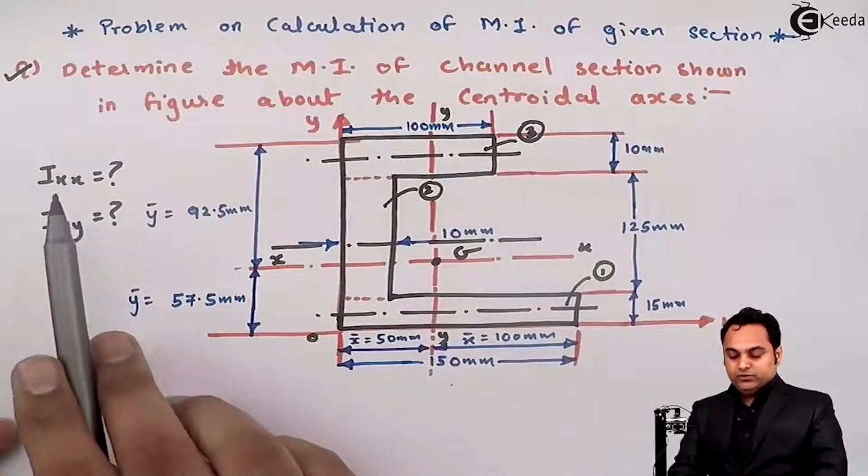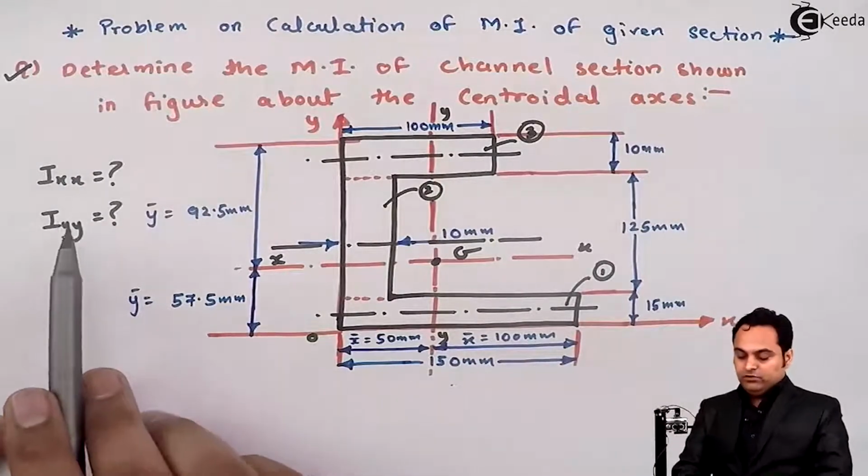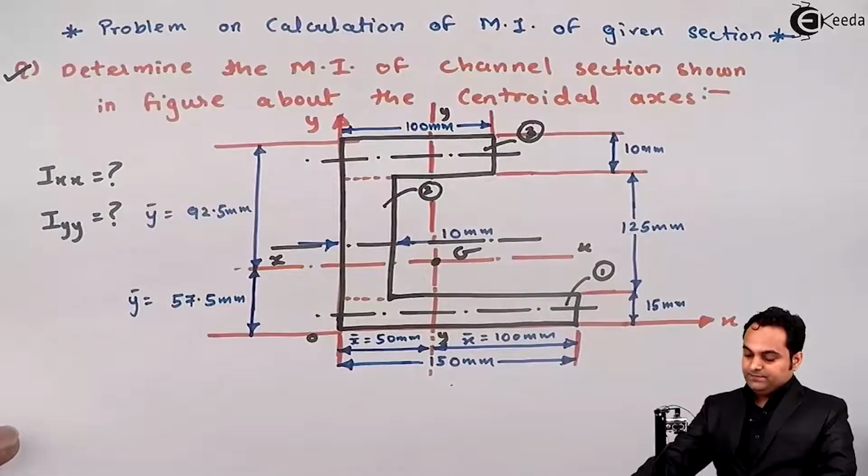Now here there are two quantities, Ixx and Iyy, which we have to find out. We'll start with Ixx.